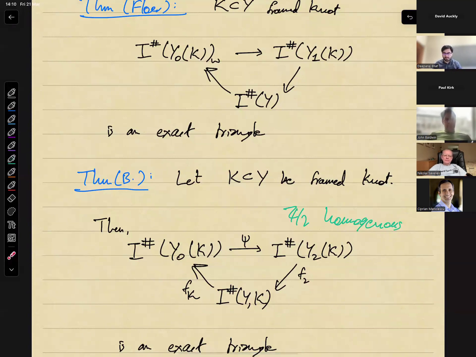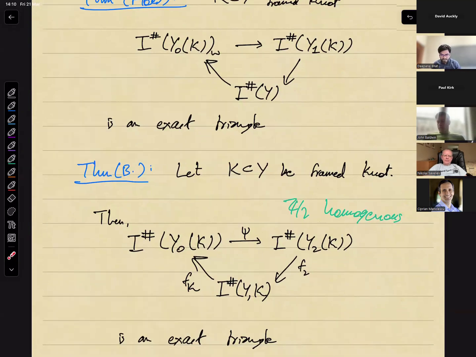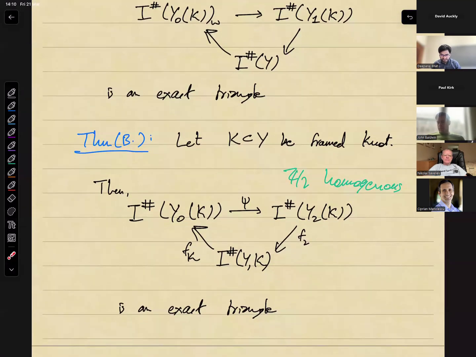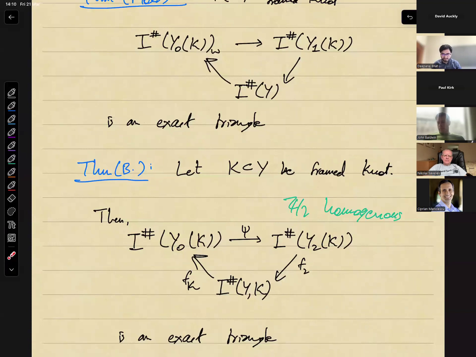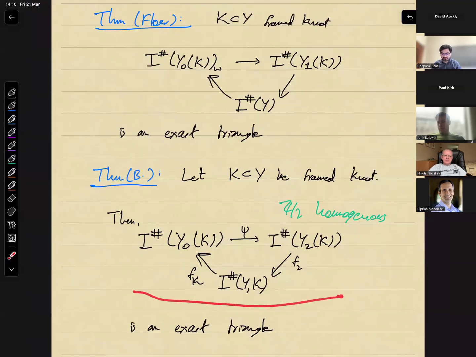Sometimes if you're careful with your Z mod 4 gradings, then you can make it Z mod 4 homogeneous as well. I'll then explain how we can use this to get some simple computations right from the algebra, without using any geometric information about these maps, but just the formal properties.